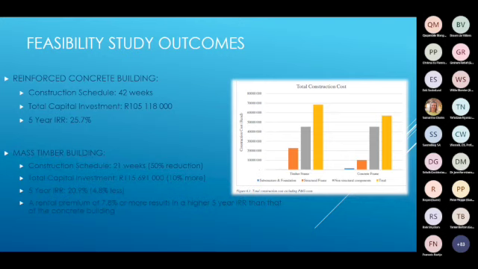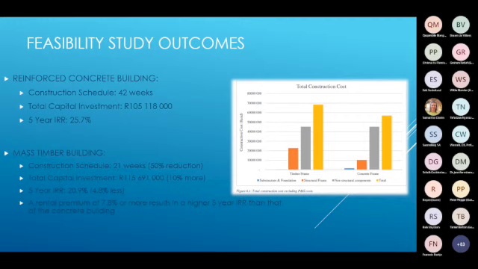The thing that was quite important to look at was the 5-year internal rate of return, because internal rate of return takes into account the time value of money. And as you can see, even though we managed to reduce the construction schedule by up to 50%, the 5-year IRR of the reinforced concrete was still better than that of the mass timber building.